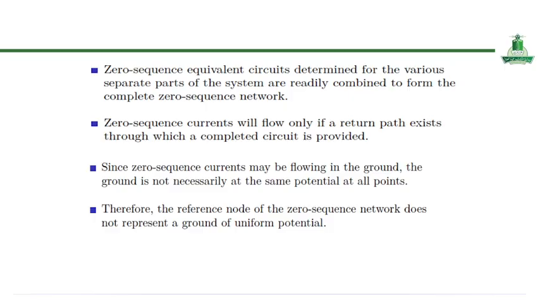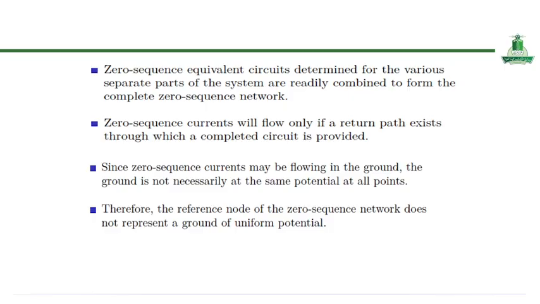We already discussed all of this, this slide is just refreshing your mind. Without such a path, zero sequence currents cannot circulate, which directly affects fault current calculations. The slide also points out that because these currents may flow through the ground, the ground does not necessarily remain at the same electrical potential everywhere.